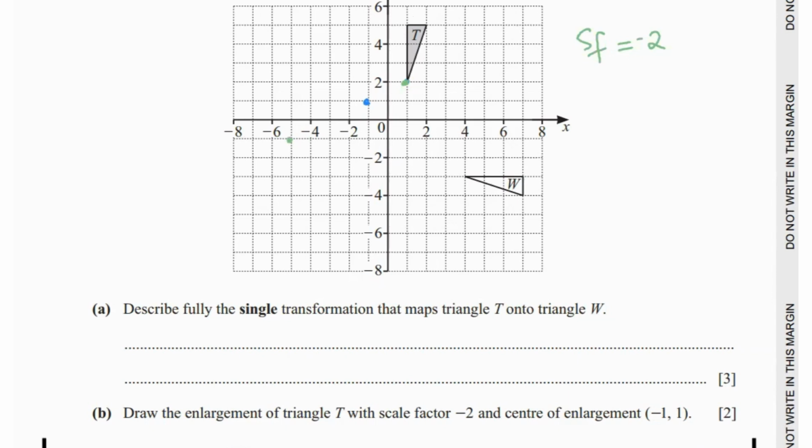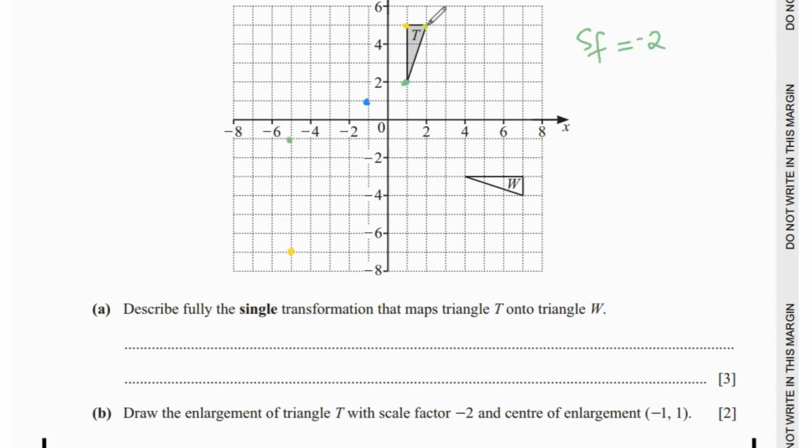Same for this point over here. Now this is 2 horizontally but 4 vertically. So that is going to be 4 and then 8, over here.